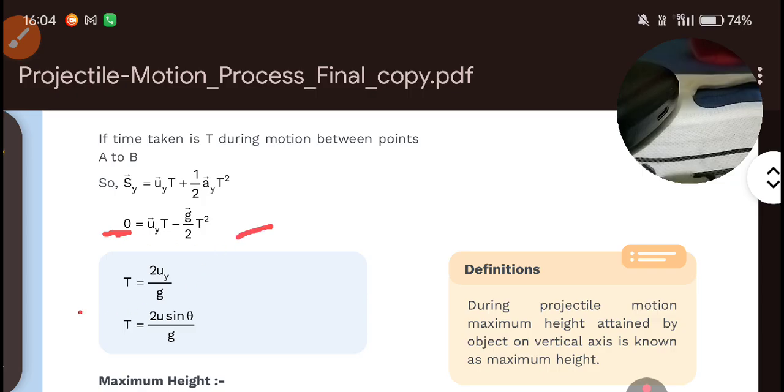From this, these two things will come out. Definition: during projectile motion, the maximum height attained by the object on the vertical axis is known as the maximum height.